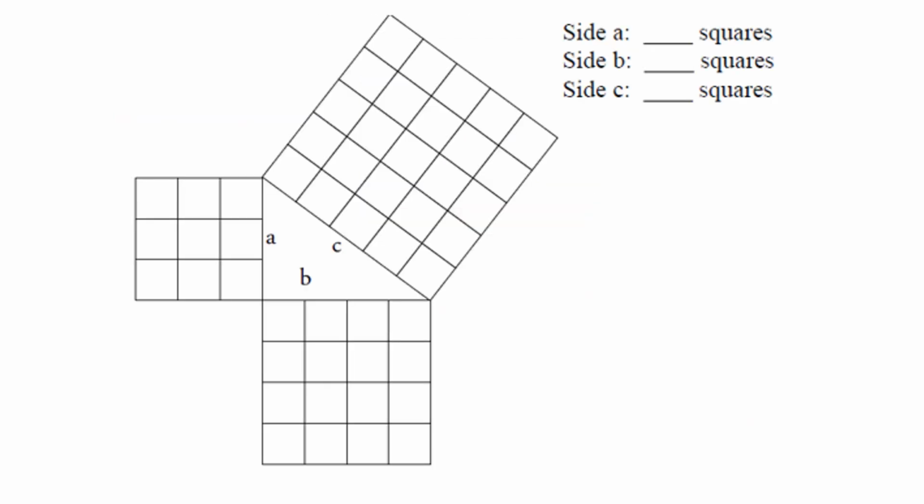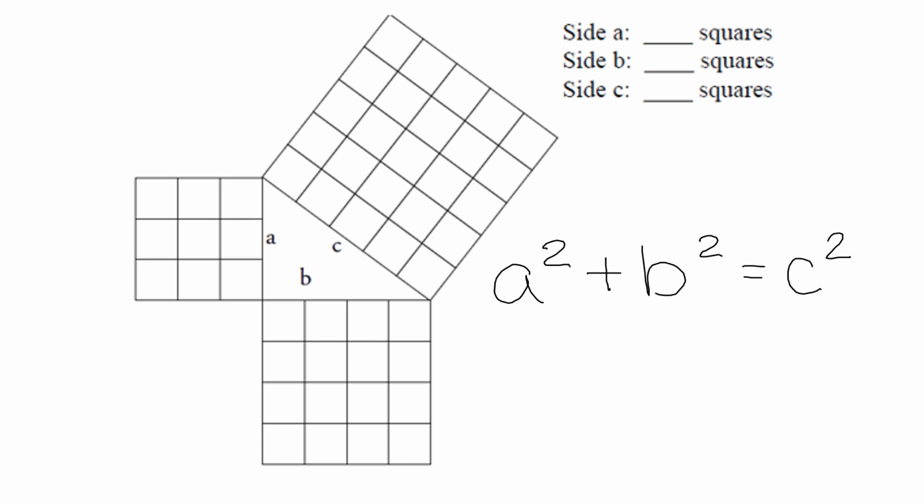We are going to prove the formula for the Pythagorean theorem. The formula for the Pythagorean theorem is a squared plus b squared equals c squared.